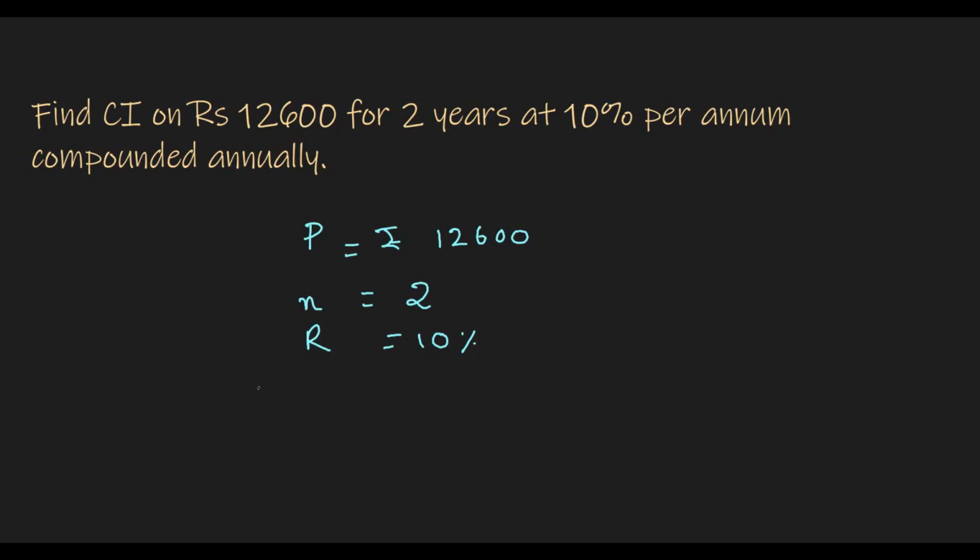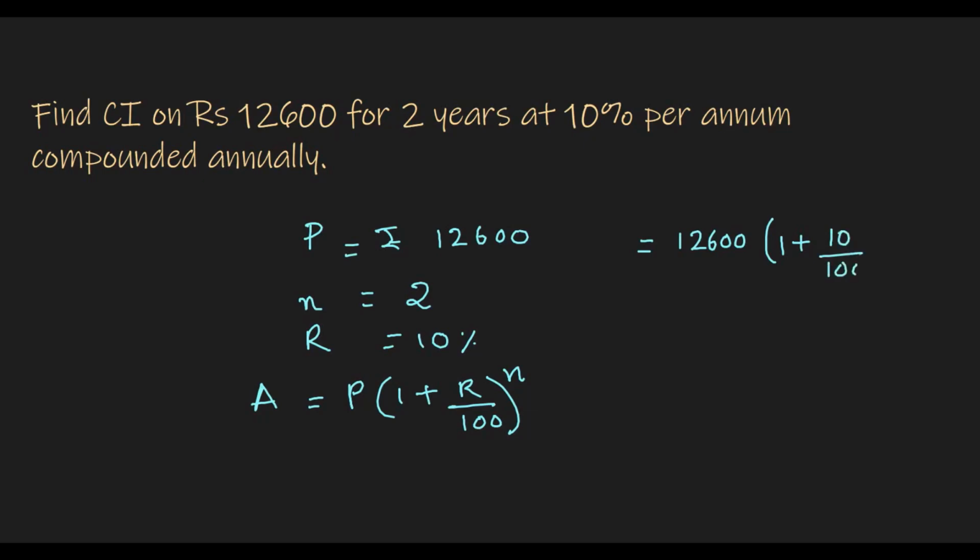So we can use the amount formula A is equal to P into 1 plus R by 100 whole raised to n, which is equal to 12,600 into 1 plus 10 by 100 whole raised to 2.